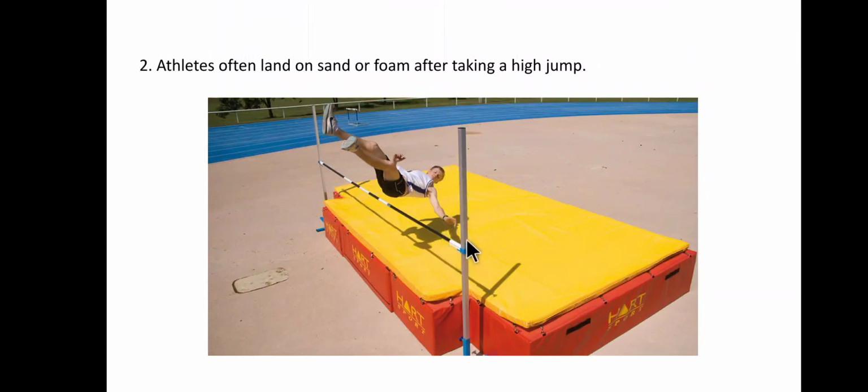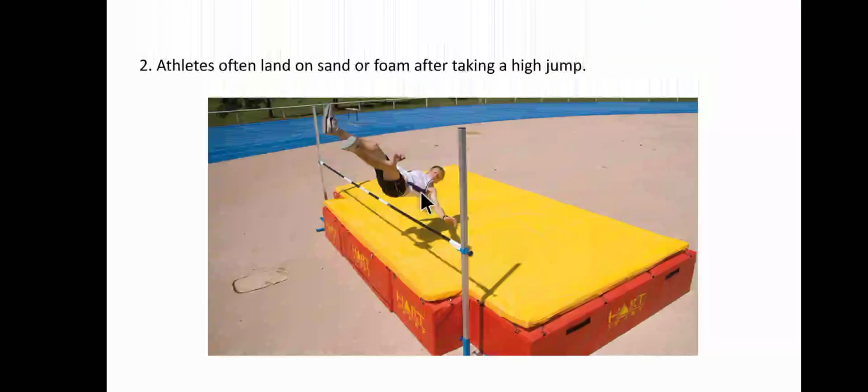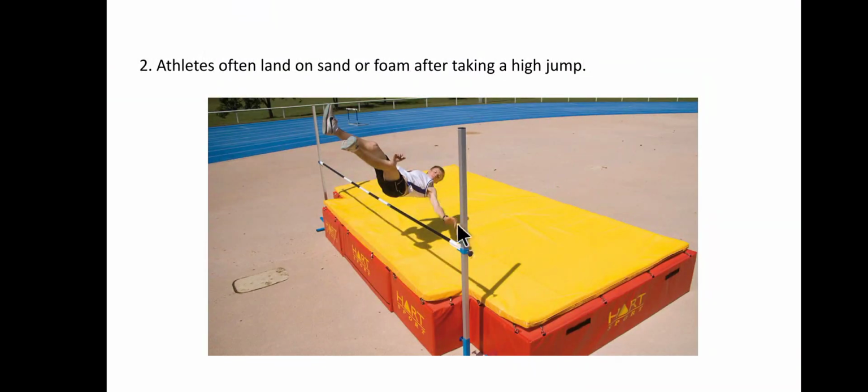So the time duration is increased if the body lands on soft objects like sand or foam, so that the impact becomes less. If the impact is more, then the athlete may hurt himself or herself when they come in contact with the concrete floor.